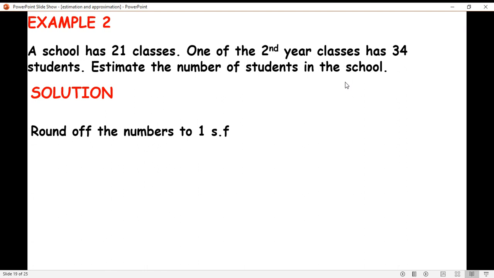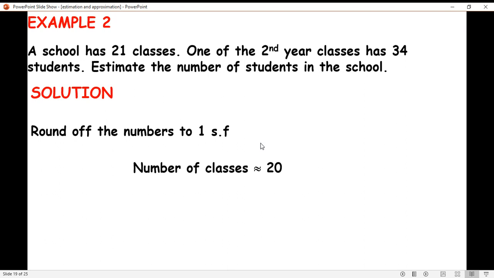Now, solution. The first thing you do is round the numbers to one significant figure. So that's the first thing we are going to do.